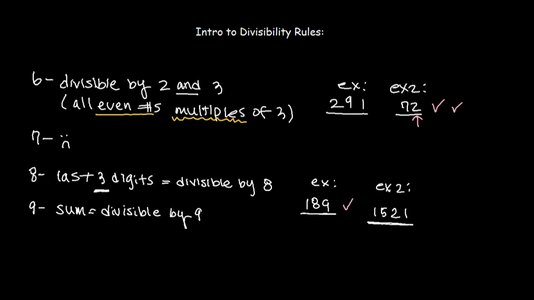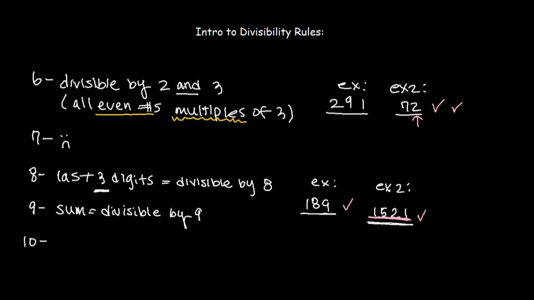But if you know the divisibility rules, it'll be way easier because 1 plus 5 gives you 6, and 6 plus 2 gives you 8, and 8 plus 1 gives you 9. Is 9 divisible by 9? Yes, it is. So instead of, again, dividing the 4-digit number by 9, you can only divide the sum of these digits and just see if it's divisible by 9. Another shortcut there. Let's move on to 10.